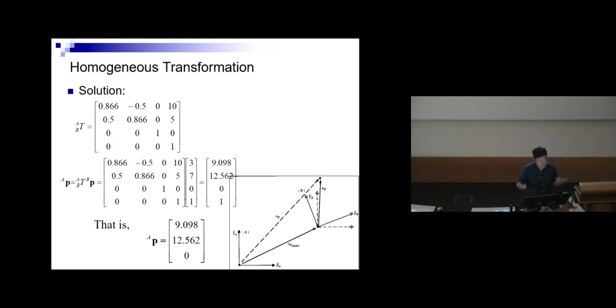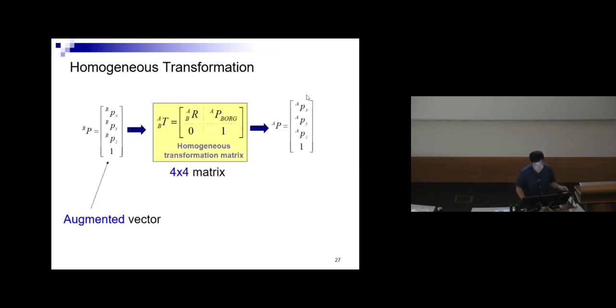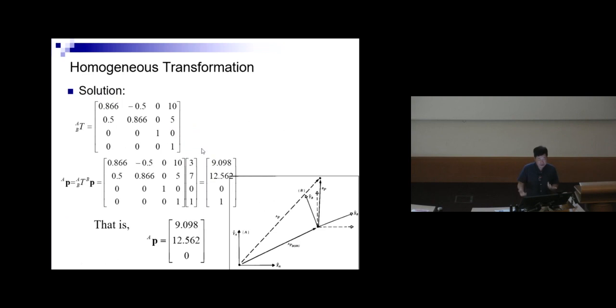It's straightforward. You apply the formula, the expression that we have earlier on. So this is the rotation matrix, a rotation about the z-axis by 30 degrees.